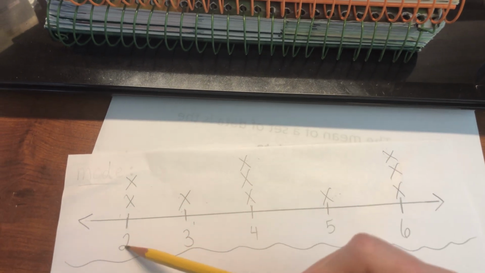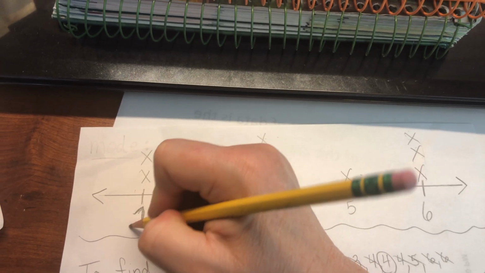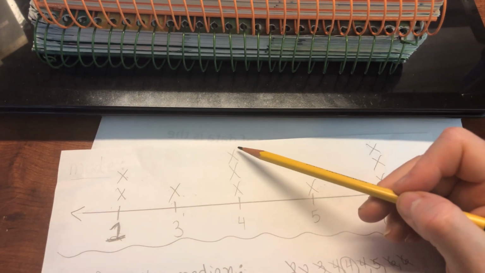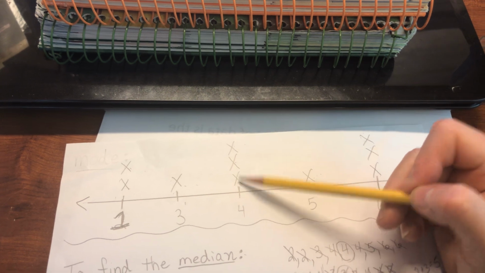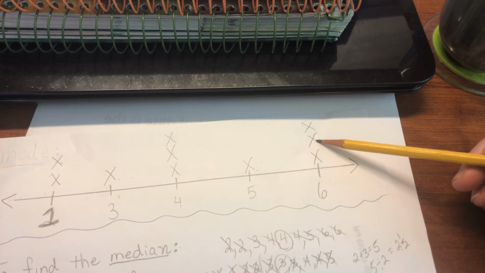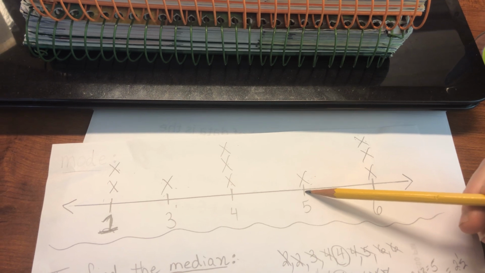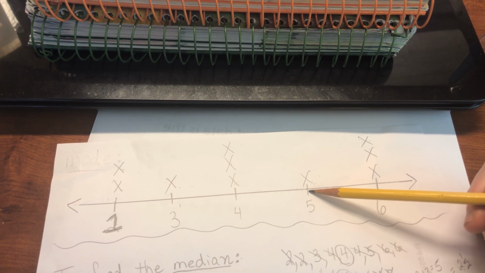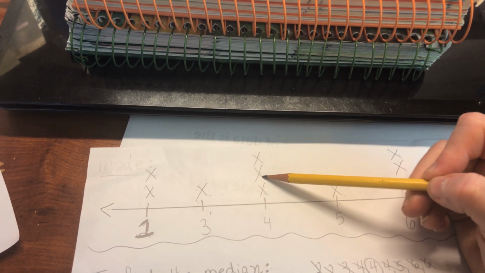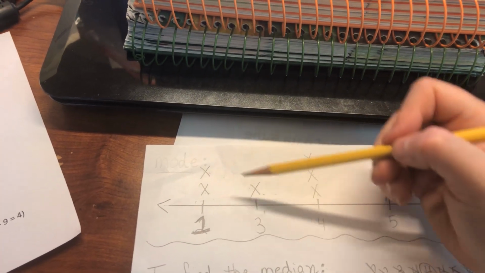Actually, I thought this was a 1. So I'm going to make this a 1 here so that it matches up with what we did. 1, 2, and 3 is 4, 8, 12, 16, actually 18, and 5 is 23, 24, 25, 26, 27, 31, 35, 36, 37, 38, 39, 40.